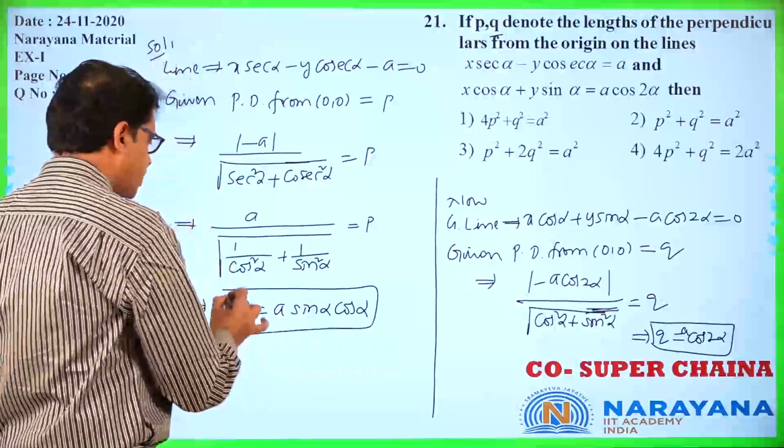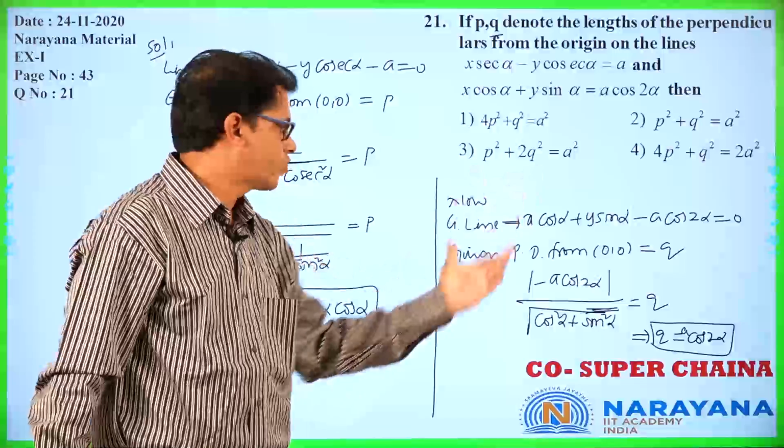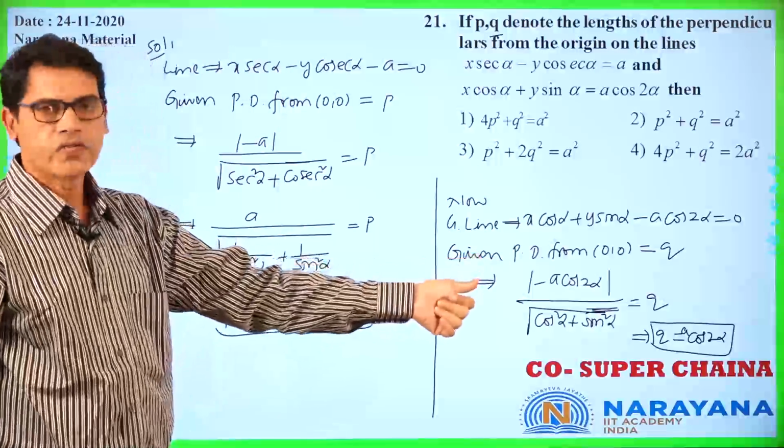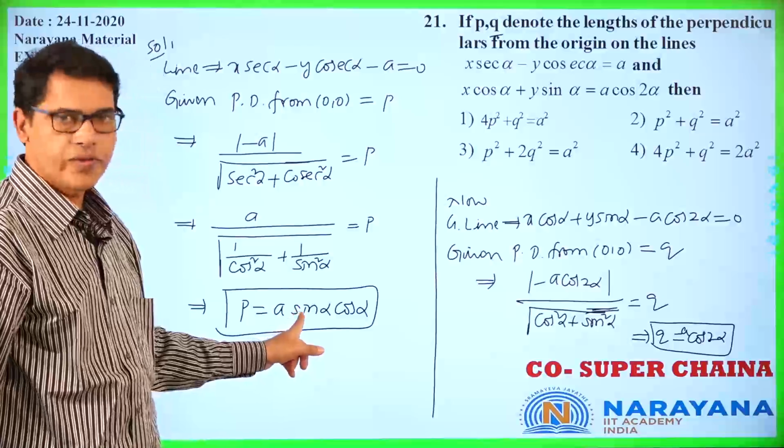Now go through the options. See, obviously P square plus Q square won't become A square. For A square, here you must have a sin 2 alpha.